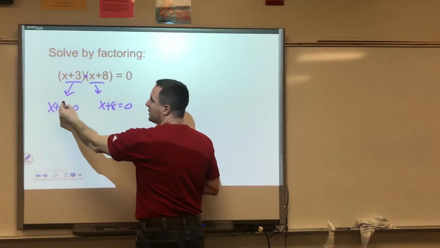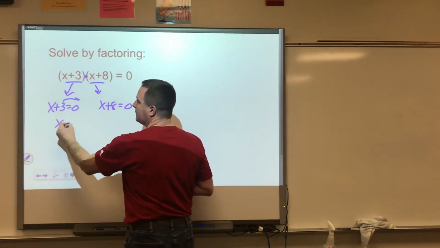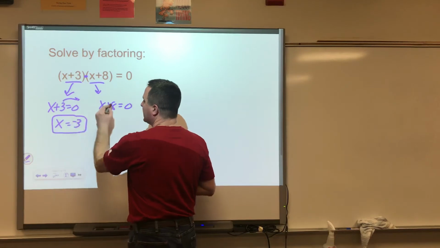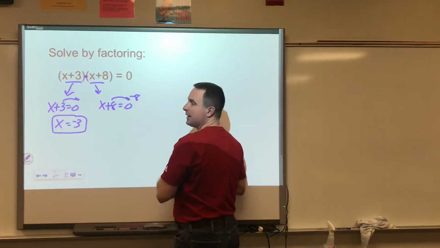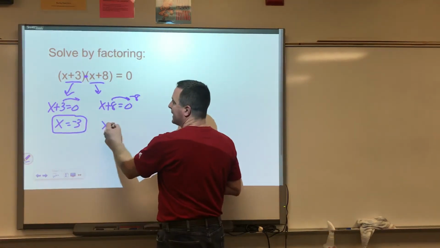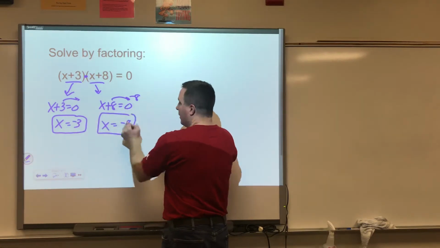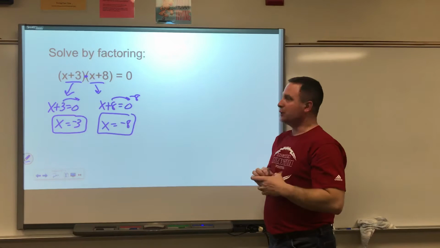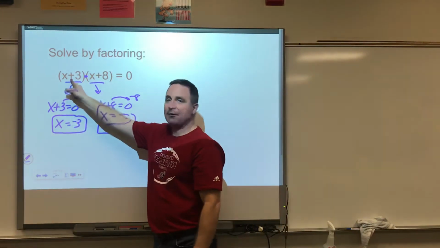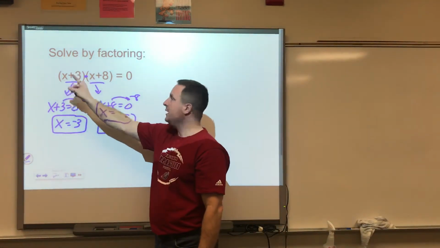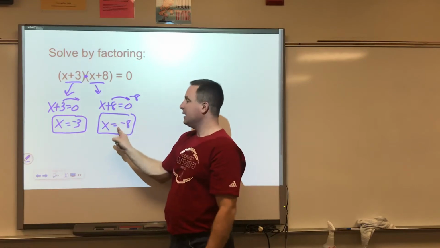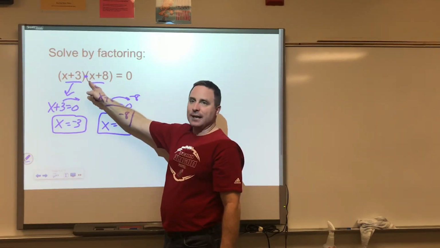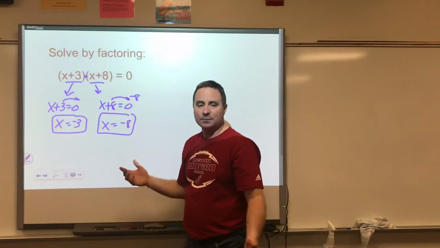Okay? Well, if I solve for x by subtracting 3, x could equal negative 3. And if I solve this one by subtracting 8, x could equal negative 8. And to do a little check here, if I plug it back in, negative 3 plus positive 3 is 0, and 0 times anything is 0. And same thing if I plug in negative 8. Negative 8 plus 8 is 0, and anything times 0 is 0.